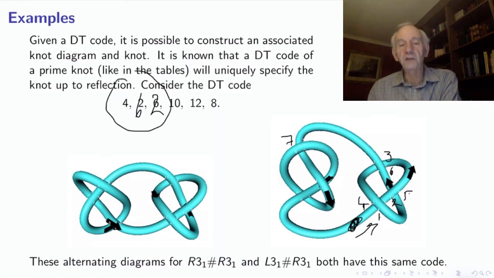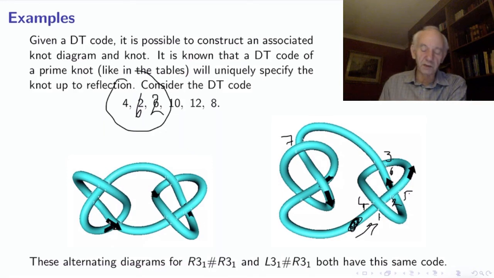So this DT code with 6 integers can represent either of these composites. So what is this one? Here we've got the usual trefoil diagrams. These are both right trefoils put together.